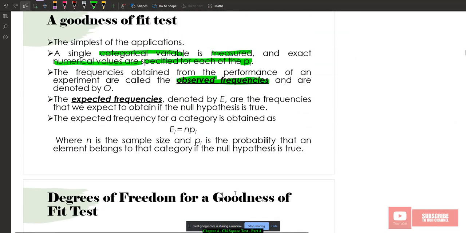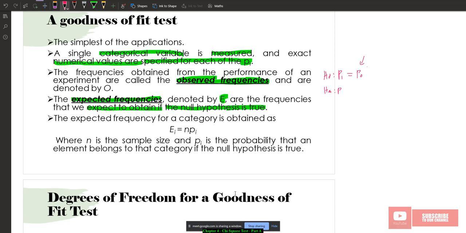Then the expected frequency, denoted as E, is the frequency that we expect to obtain if the null hypothesis is true. What is our null hypothesis for goodness of fit? The null hypothesis: the probability of category 1 is equal to some value, p naught.